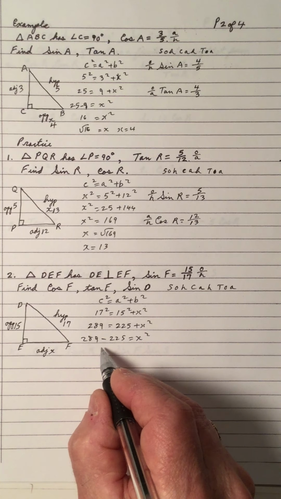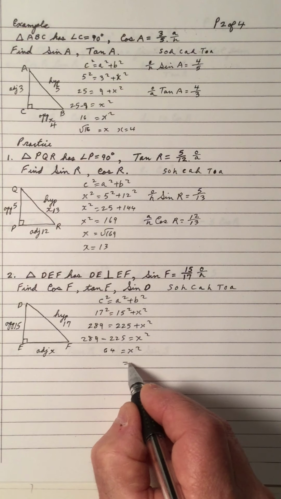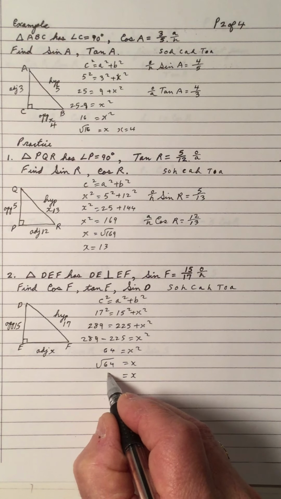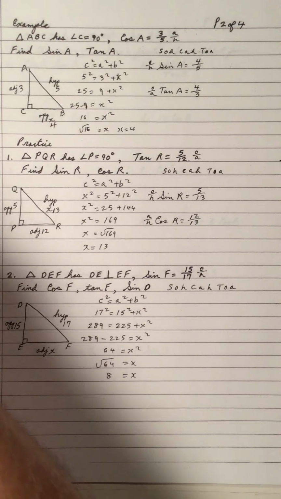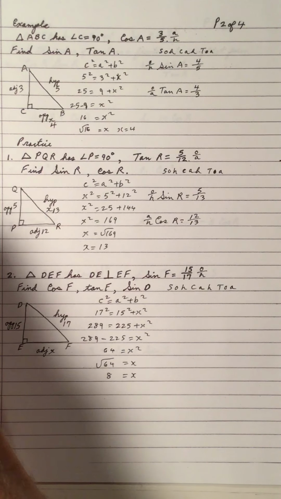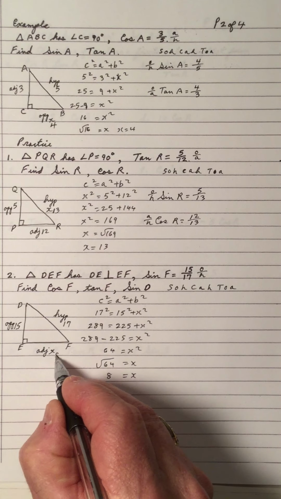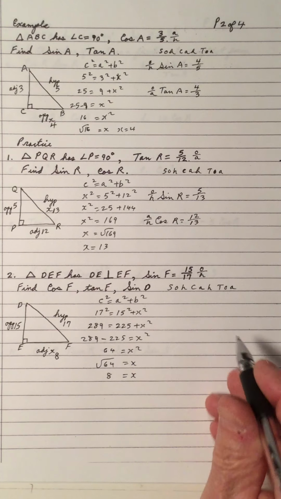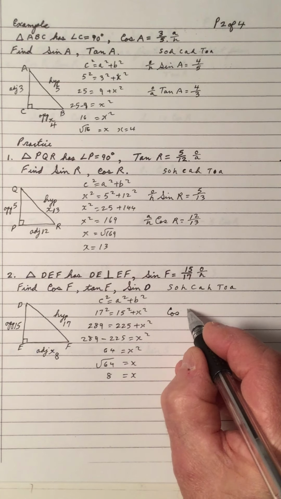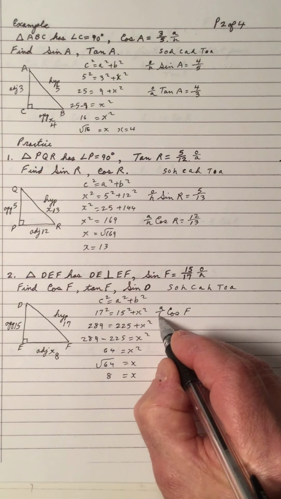So that gives me 64 equals x squared. So x is the square root of 64. So x equals 8. And just to check the 17 squared again, 17 squared is 289. Everything is okay. So this is 8. And we have to work out the cos of F. Cos is adjacent over hypotenuse.